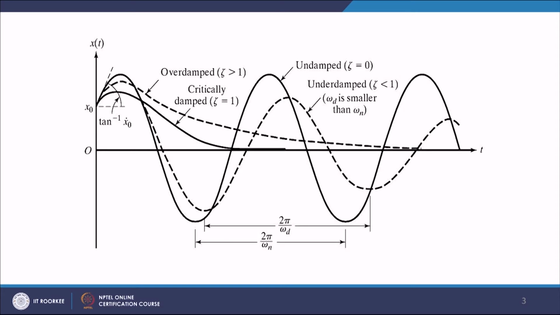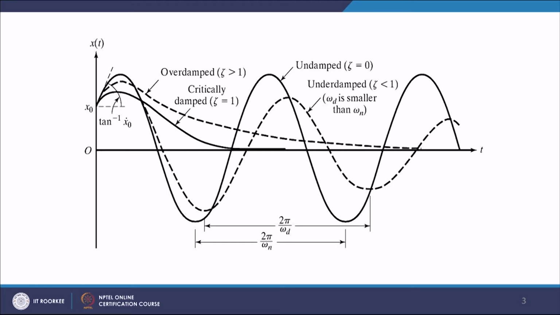Both are aperiodic motion and do not oscillate, and critical damping is faster than overdamping. As we said, when we increase damping the motion becomes slower, and critical damping is the least amount of damping that will make the system reach 0, or equilibrium.